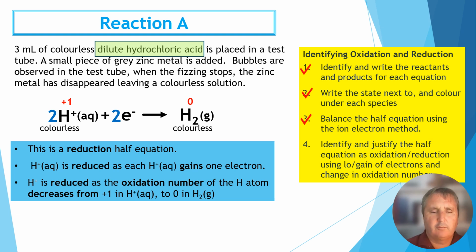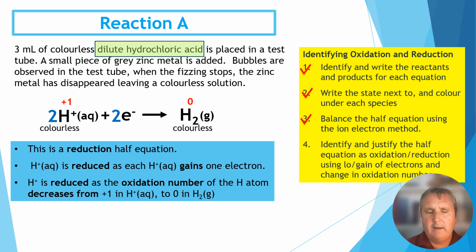So if I was to write my explanation using oxidation numbers as to why this is reduction, the hydrogen ion is reduced as the oxidation number of the hydrogen atom decreases from +1 in H+(aq) to 0 in H2(g). If we are carrying out this achievement standard, the balanced equation with the explanation as to why it's reduction is needed.